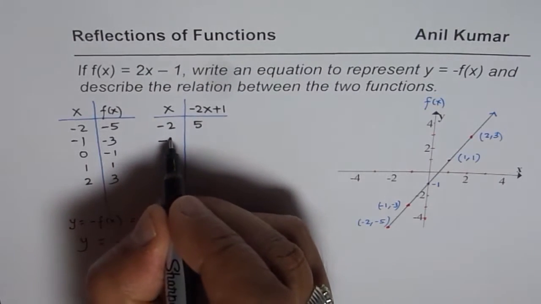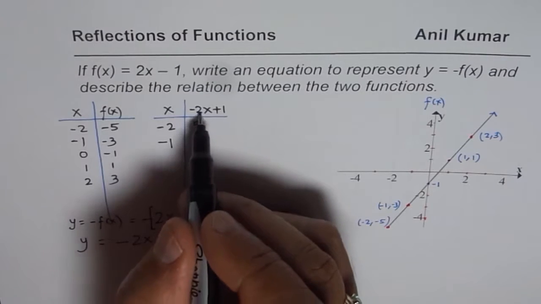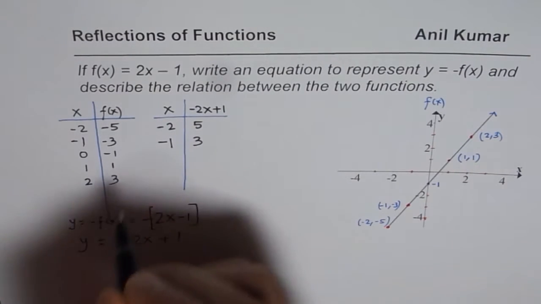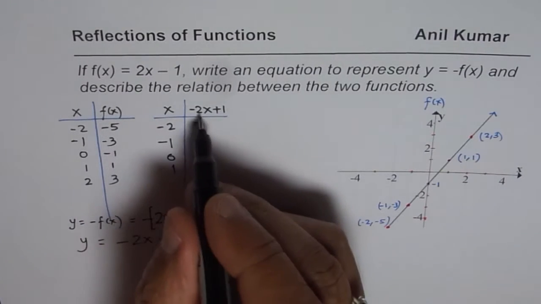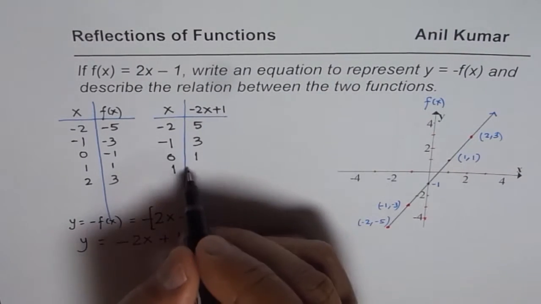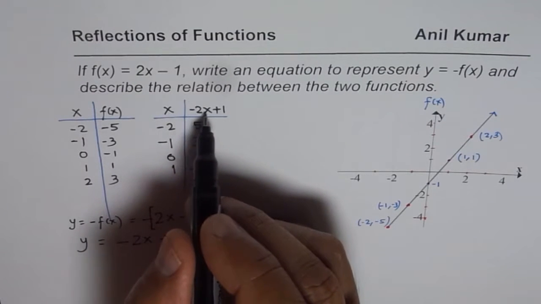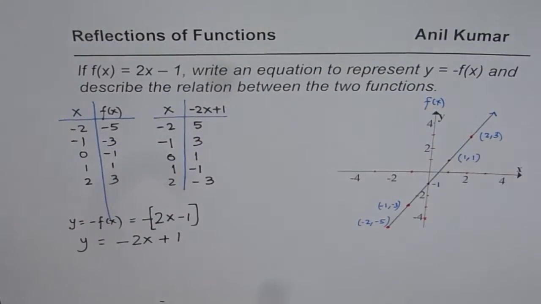If x is minus 1, minus 2 times minus 1 is plus 2, plus 1 is 3. If it is 0, then it is 1. For 1, it will be minus 2 plus 1, which is minus 1. And for 2, minus 4 plus 1 will give us minus 3.